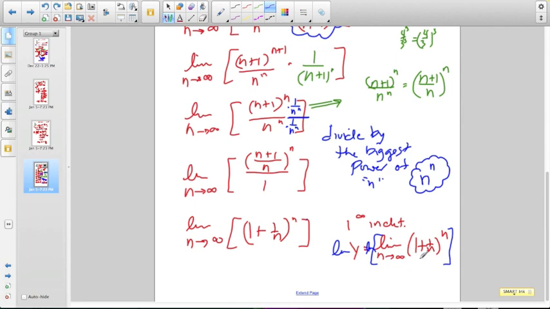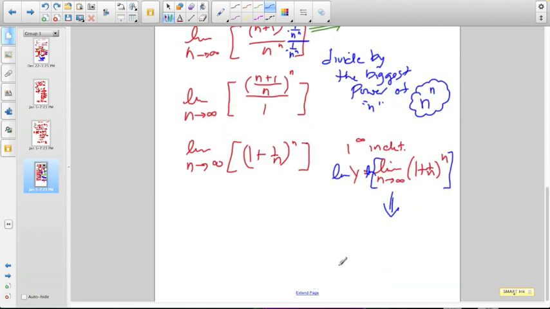And then go ahead and go through that whole L'Hopital's thing and the law of logs. What ends up happening is this ends up going to the value e, Euler's number, because this is a derivation we did in the previous chapter on integration techniques and L'Hopital's.